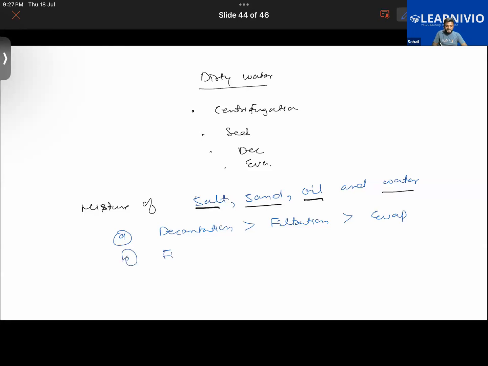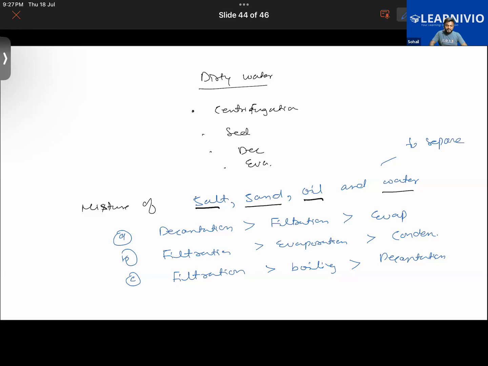Option B says first you would be doing filtration, then evaporation, and at the end condensation. The third option says first you will be doing filtration, then boiling it, and at the end decantation. You understand the sequence of steps to separate the salt? Only three options I have given.